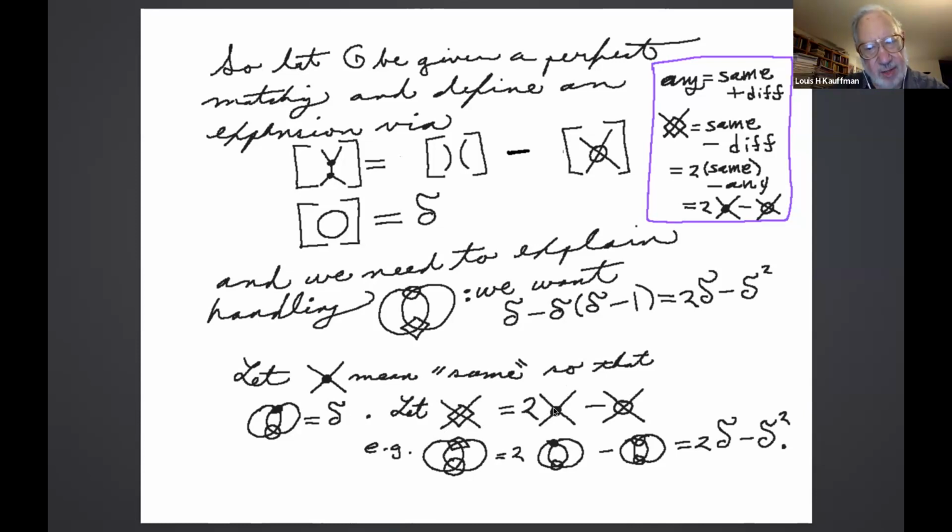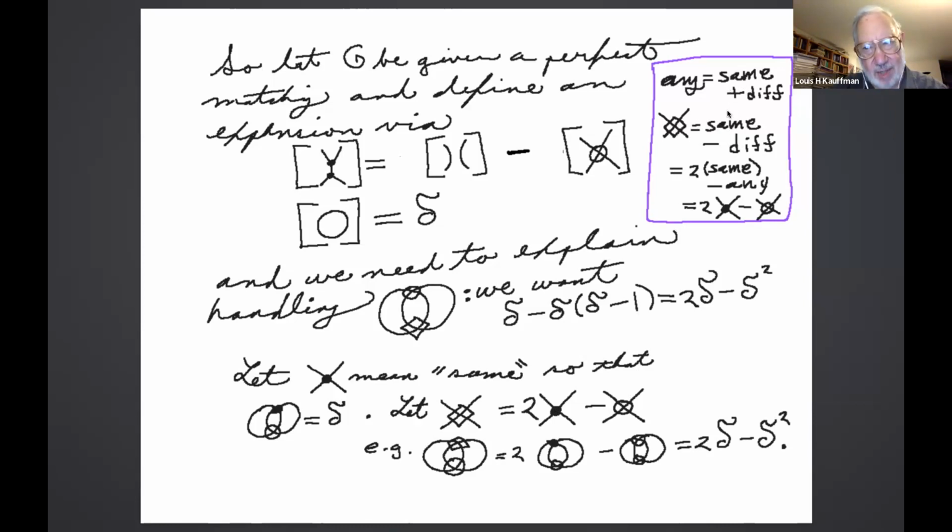And when they're colored the same, you will just get the usual virtual crossing. Not hard to see. It comes from anything is equal to same plus different. And this says that what we wanted was same minus different, right? When they're the same plus, when they're different minus.